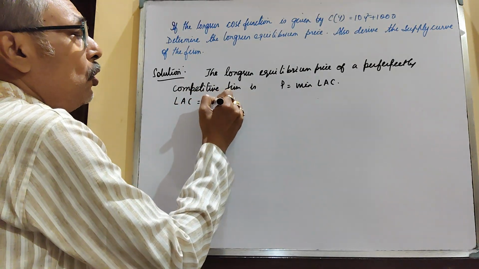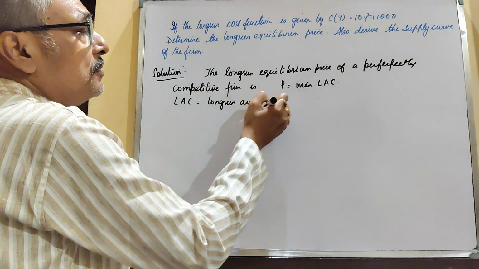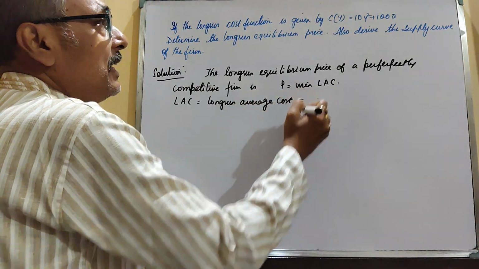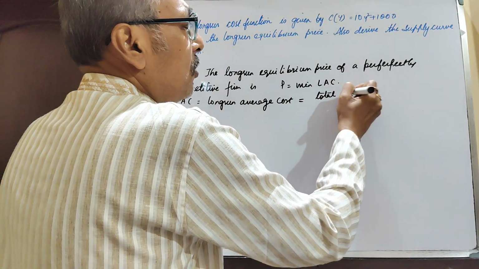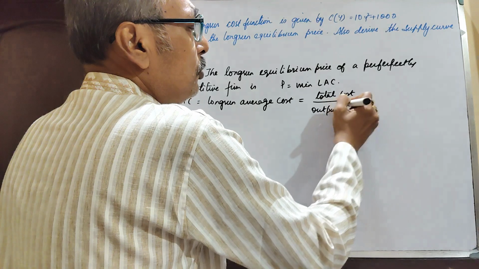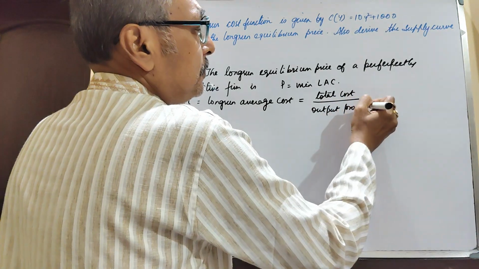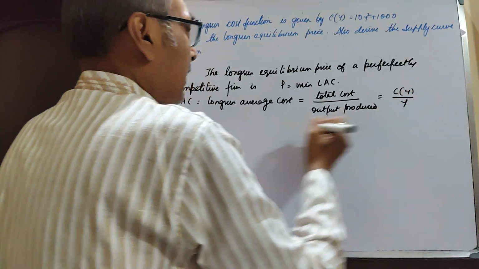What is long run average cost? This is total cost divided by output produced, that is C of y by y.